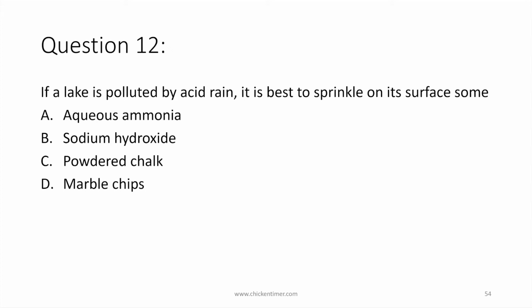Marble chips are calcium carbonate. This also, in some sense, is calcium carbonate. So C and D both are calcium carbonate. One is powdered and one is not powdered. One comes in big pieces. Then A equals ammonia.